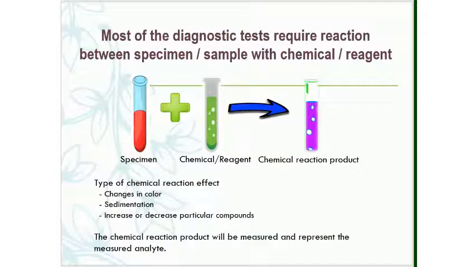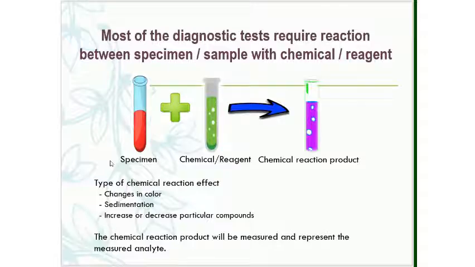Okay, so let us check how most of the diagnostic tests happen. If the doctor suspects that the patient has a certain disease, the doctor will take a small part from the patient's body, right? Usually, the doctor will take blood or urine, which we call a specimen or sample. Then the lab will run diagnostic testing as requested by the doctor.